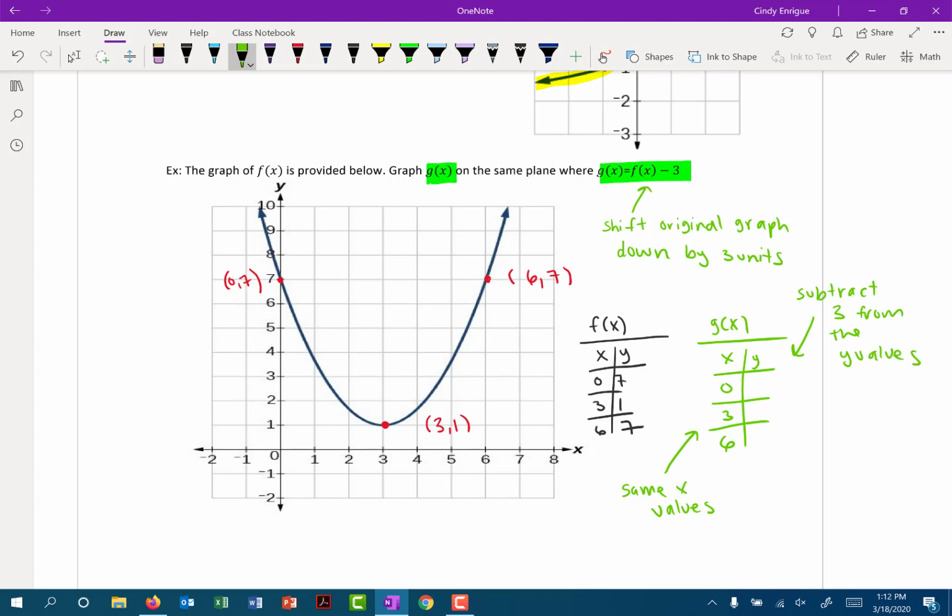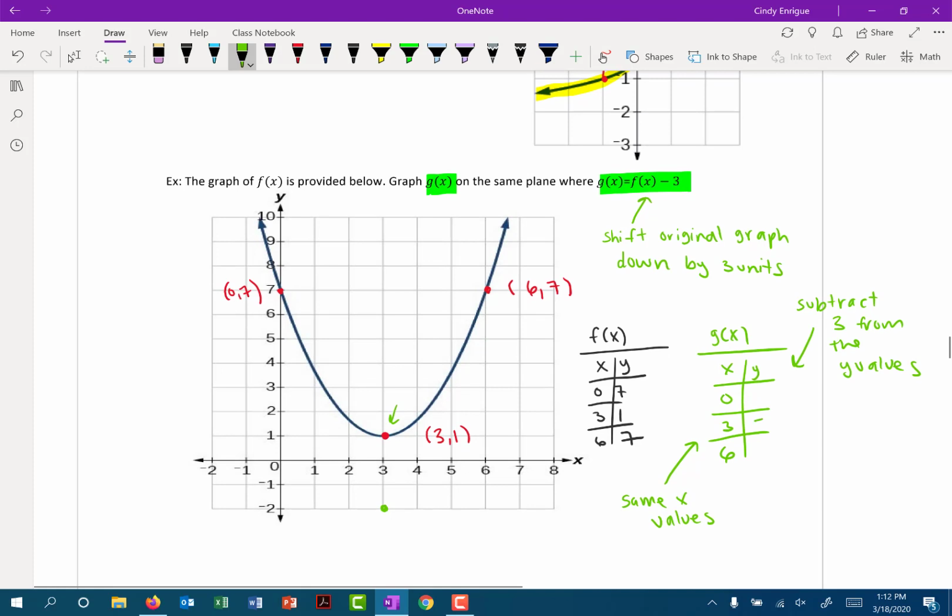Okay, so let's think about that. If this is my value that I'm thinking about right here for my g of x, that means I'm going to go down 3 units. So 1, 2, 3. So now that is going to be 3 comma negative 2. And you can see that here, because I have that y value of 1, and I'm minusing 3, and that gives me a negative 2. That's how I got that negative 2 over here.